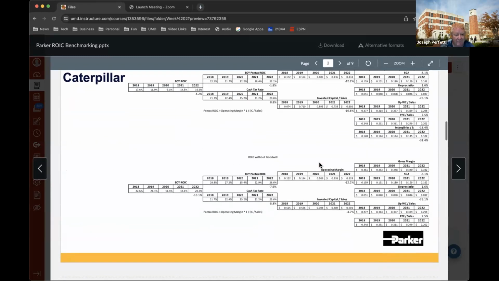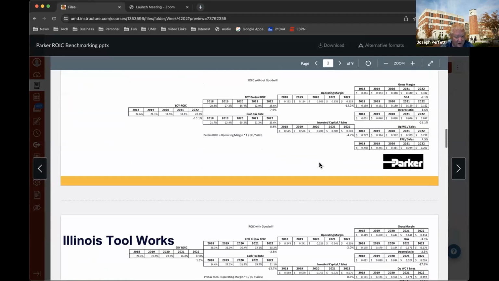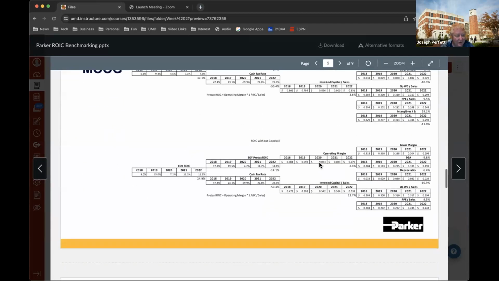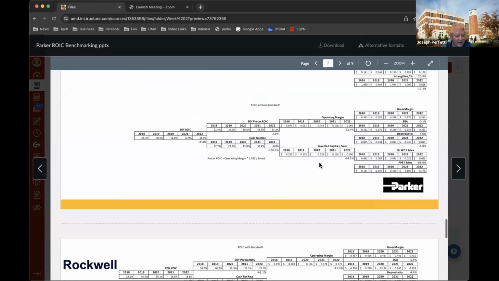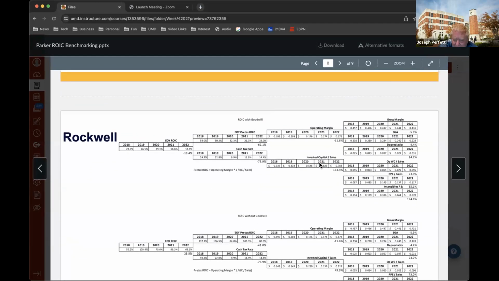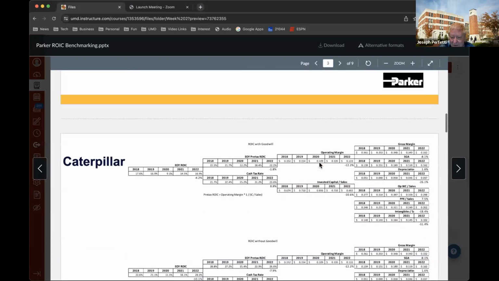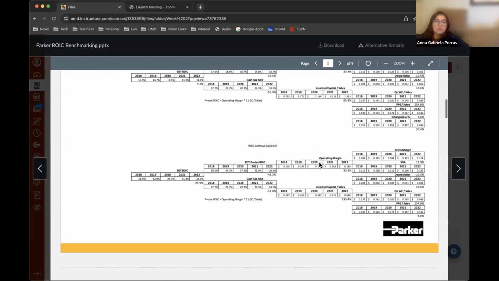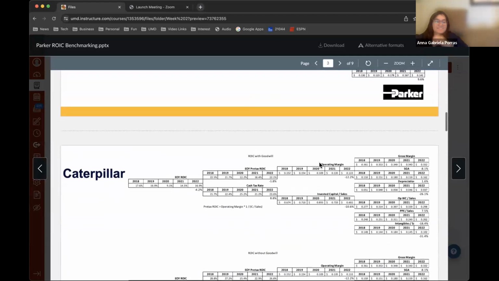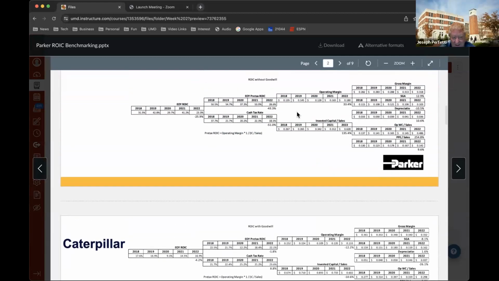Parker versus, do you want to do CAT, Illinois Tool Works, Emerson, Johnson Controls, Rockwell? Anybody sound interesting? Caterpillar. All right, Parker against CAT. Same thing, your teams are going to be working on Parker versus CAT.